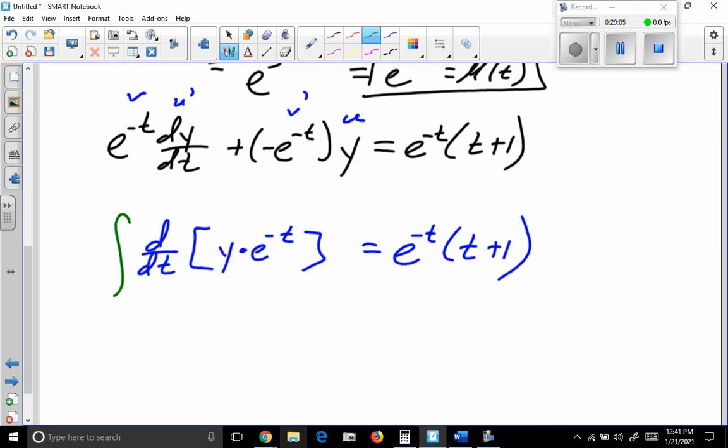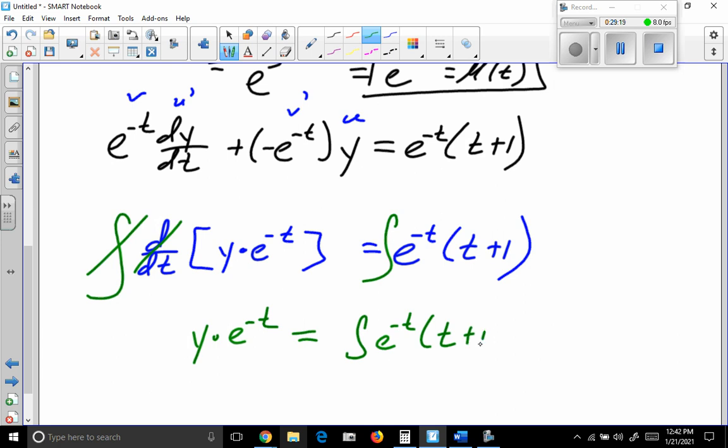So to get y, integrate both sides. Those cancel and we get y times e to the negative t equals the integral of e to the negative t times t plus 1 dt.